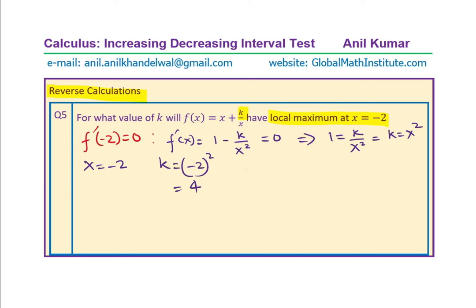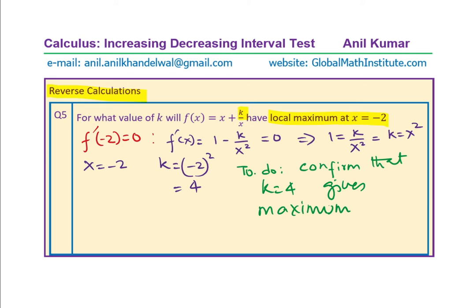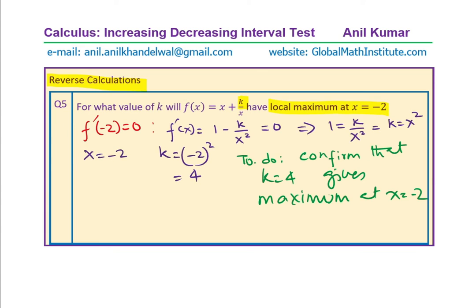So for you to do, let me write: confirm that k equals 4 gives maximum, not minimum, right? Maximum at x equals minus 2. Perfect. This is what you should confirm, just as we did our interval tables earlier.